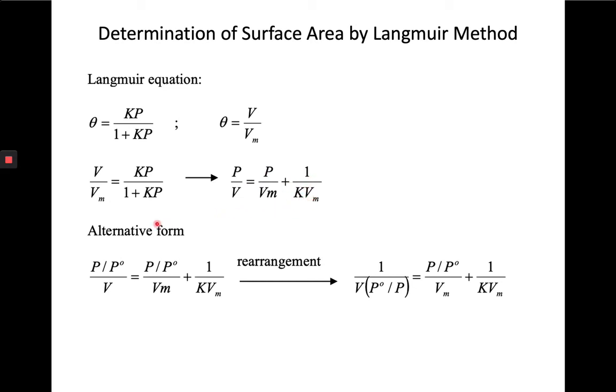And there is another alternative form, which is P over P naught over V equals P over P naught over Vm plus 1 over KVm. And then rearranging, we get 1 over V times P naught over P equals P over P naught over Vm plus 1 over KVm.